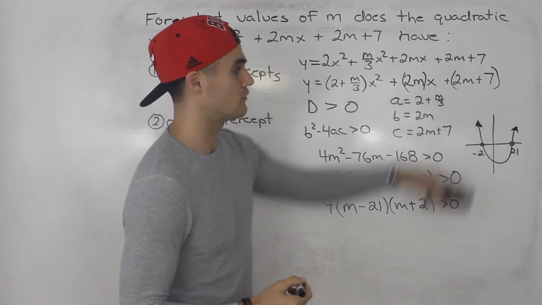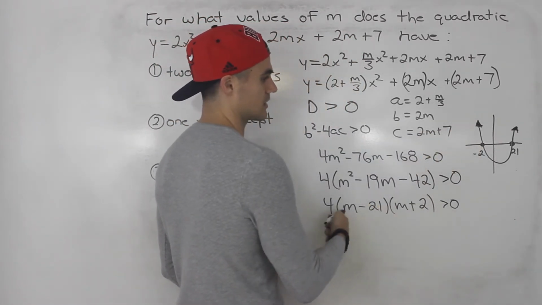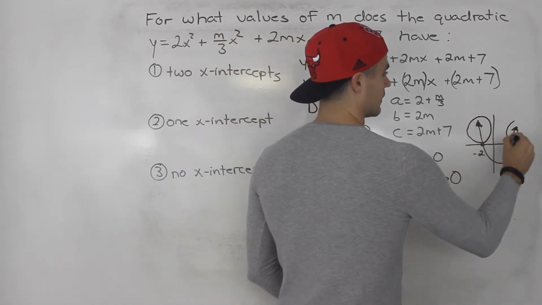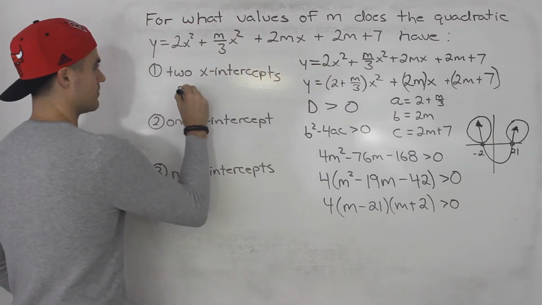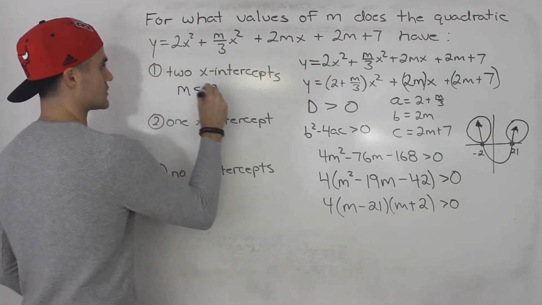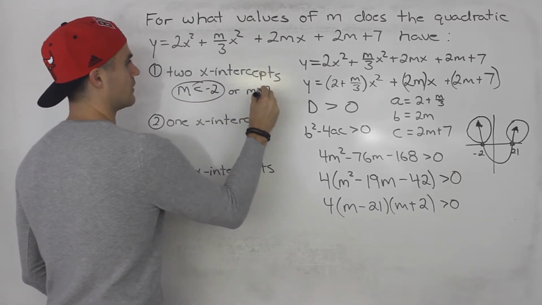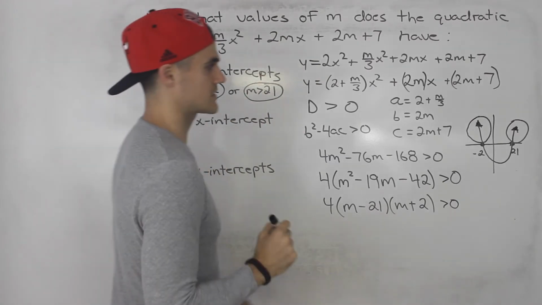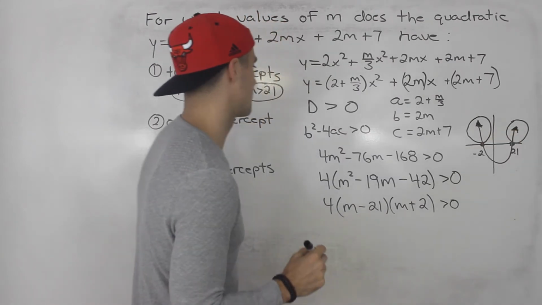When is it going to be above that x-axis, or the m-axis in this case, because the independent variable is m? Well, over here and over here. So basically, when m is less than negative 2, or m is greater than 21. Does that make sense? Above the x-axis, those two places right there.